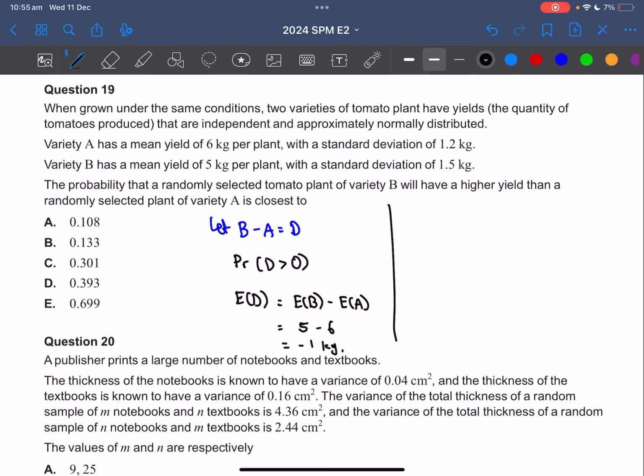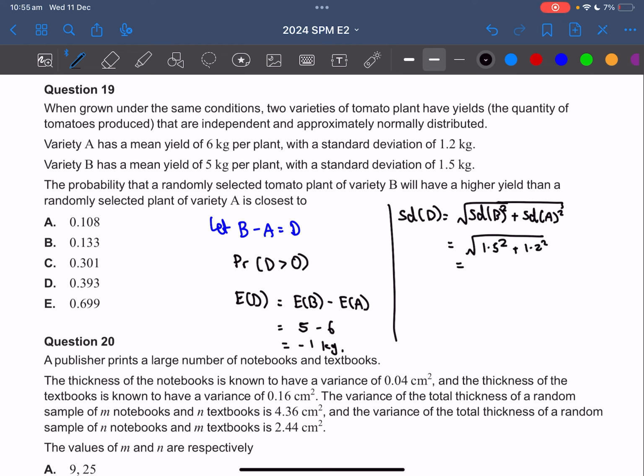And then we have to find the standard deviation of D. So the standard deviation of D is just the square root of the standard deviation of B squared plus the standard deviation of A squared. Okay, so that is just going to be 1.5 squared plus 1.2 squared.